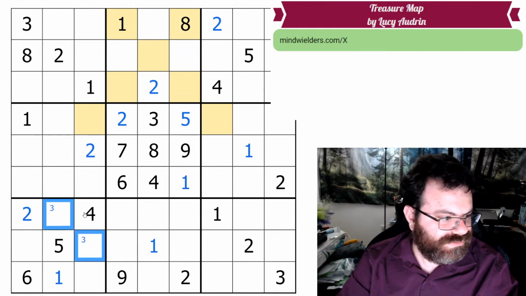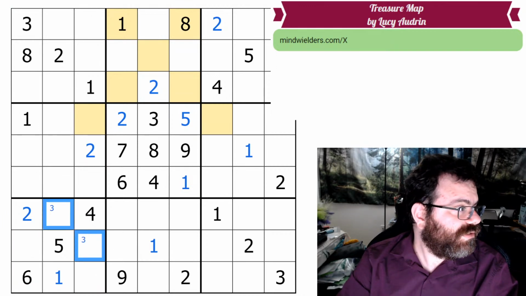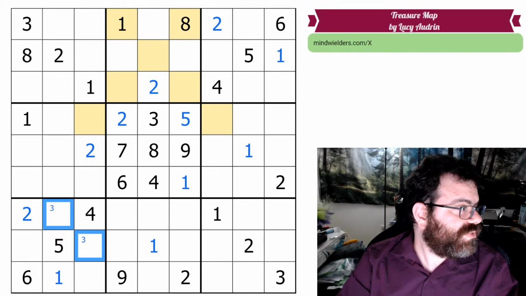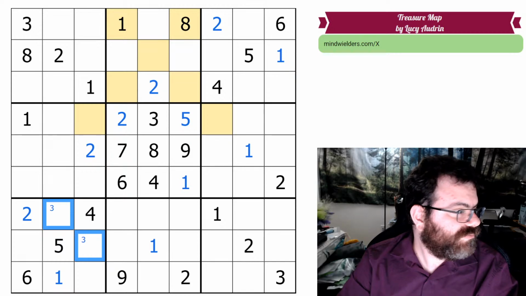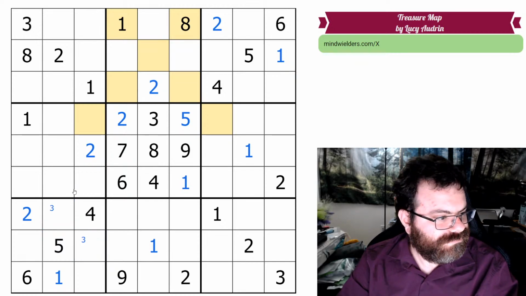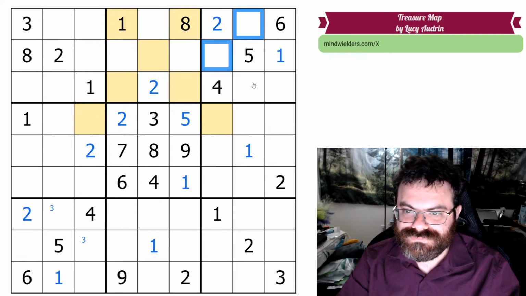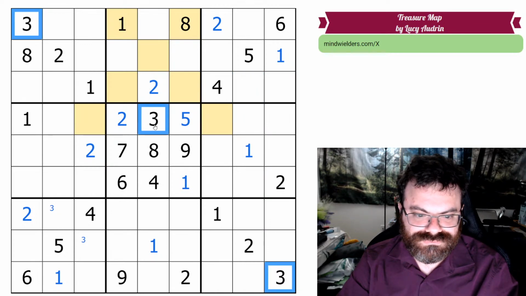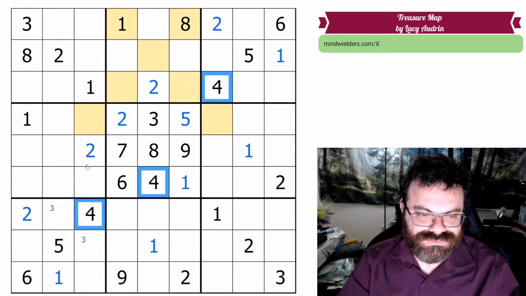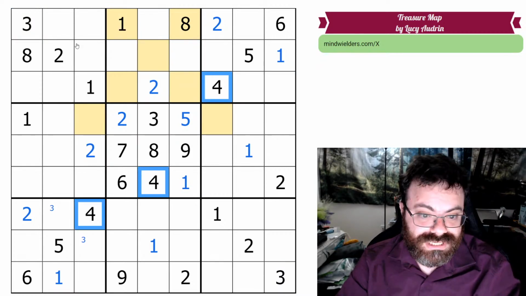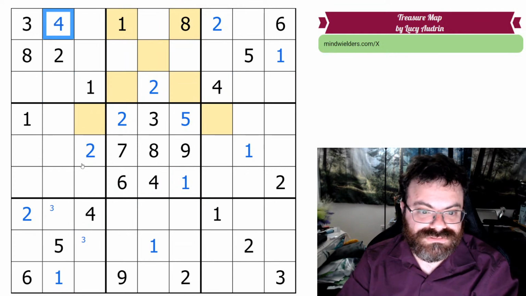3's in one of these two. There you go. Not much going on with 3s. Let's do 4s. Yeah, we get a 4 up here.